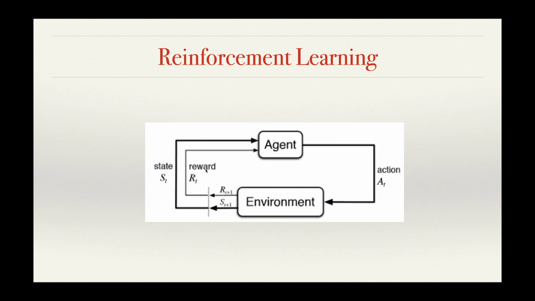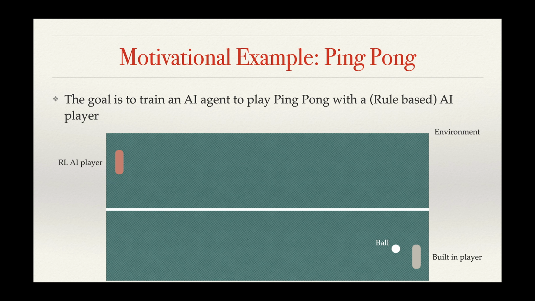Let's take a motivational example to understand what a reward, a state, and the actions are. Let's say that we are trying to train an AI agent to play ping pong, which has two players. The first one is our AI reinforcement learning player. The second one is a built-in player, which uses some rule-based logic.